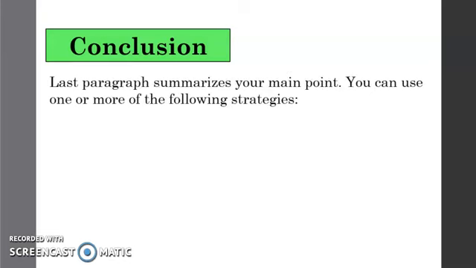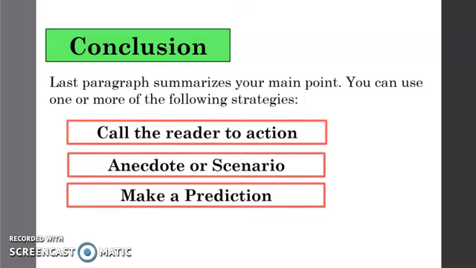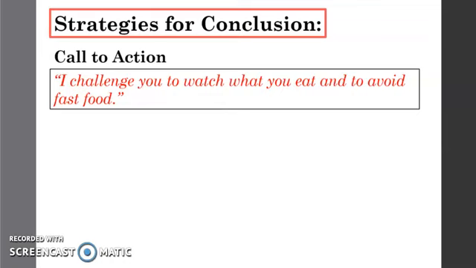Now this is the last paragraph that wraps up the writing and gives the readers something to think about. To do so, you can use the following strategies. We have the call to reader action, anecdote or scenario, and make a prediction. When we say call to action, you provide a solution, and then you ask the reader to do something or to make something happen.